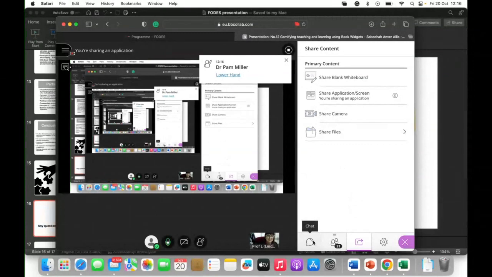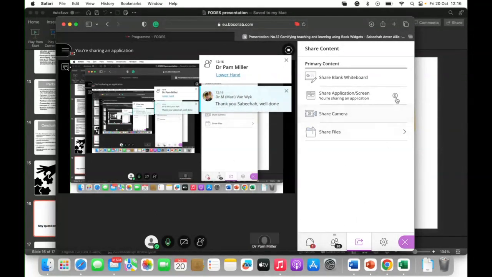Hi, hello. I know Book Widgets very well, and I also know H5P very well. Many of the comments have been made about Book Widgets in general. However, there are different aspects in Book Widgets, and it also depends on which things have been edited in or out of Book Widgets.